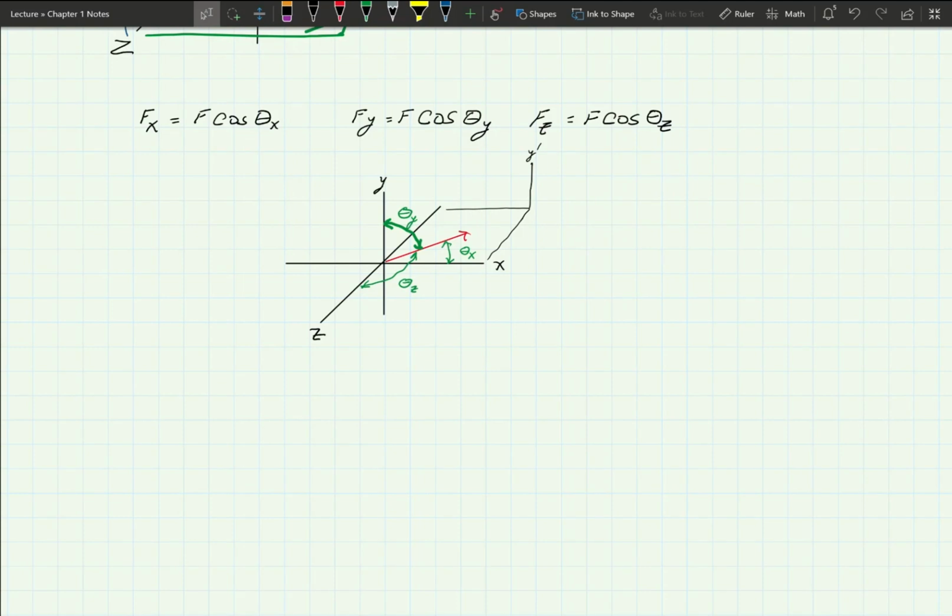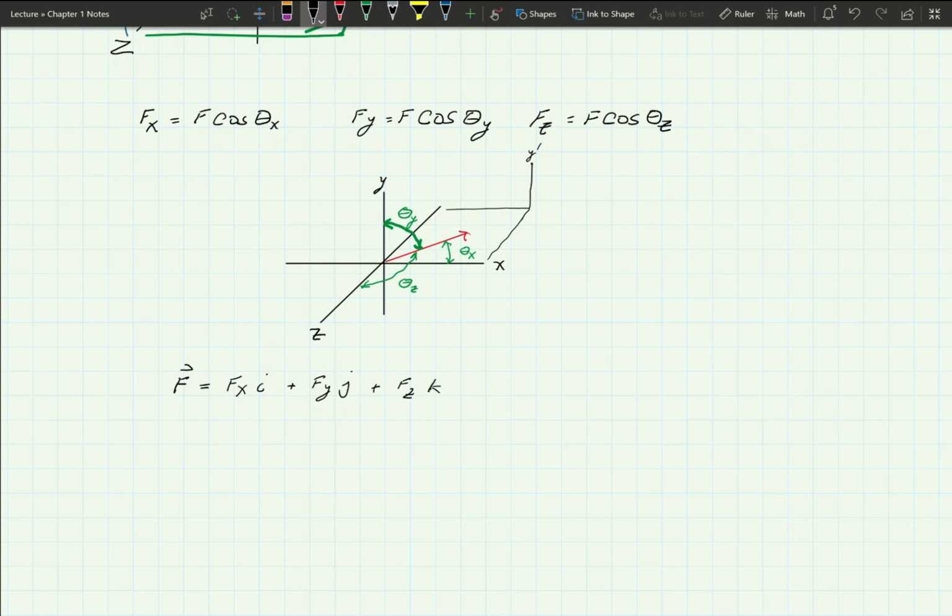last video, and we're going to write F with the vector symbol is equal to f of x i plus f of y j plus f of z in a lowercase k.